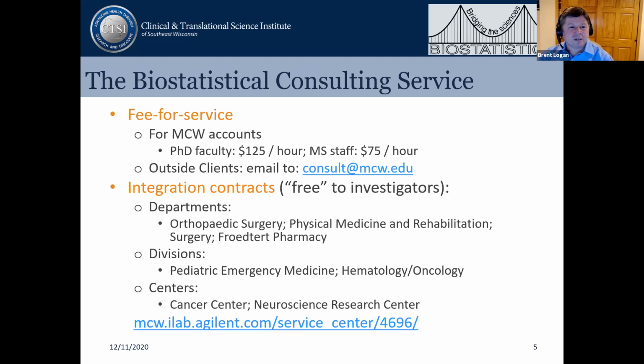There are a couple of different mechanisms to access that, but we have a fee for service mechanism for either MCW or for outside clients. A number of departments, divisions, or centers across MCW have set up integration contracts so that support is free to investigators because of the support that they provide directly to the Biostatistical Consulting Service.